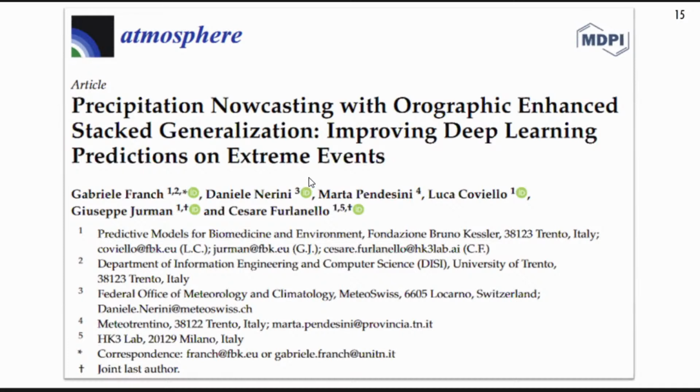The problem with extreme events is that they are so rare in these data sets. And therefore, we usually have a high bias in these data sets towards light precipitation. And we will see how the authors of this paper tackled this with a very clever approach, not by making the data set unbiased, but by changing the loss to account for this biased data set.